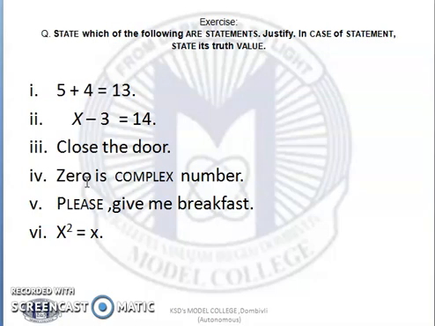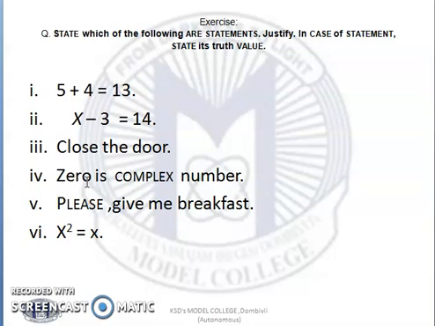So it is true. When you get the answer either true or false, you can take it as a statement. So 0 is a complex number is a statement. Fifth one, please give me breakfast. It is a request. Again, it is an imperative sentence. Hence, it is not a statement.